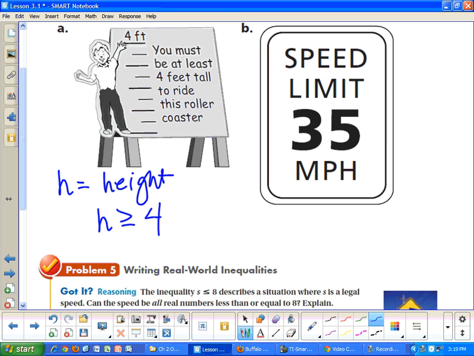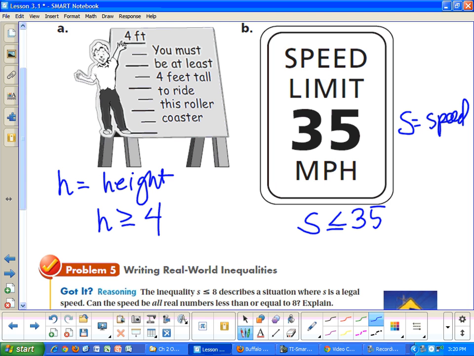So in the second one, we have the speed limit is 35 miles per hour. And anybody who's driven on a road knows that your speed can be any number up to 35 miles per hour. So we'll use S for speed, and we could write the inequality, your speed is less than or equal to 35.